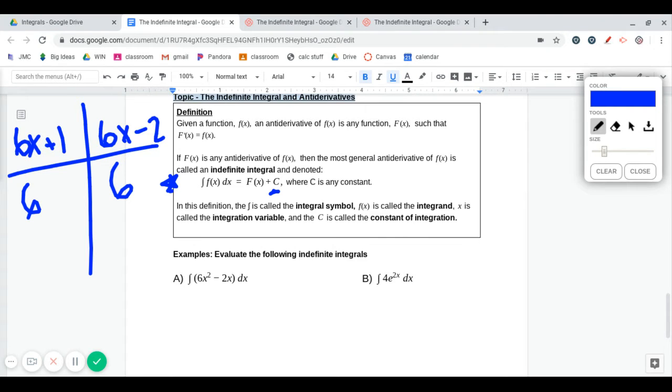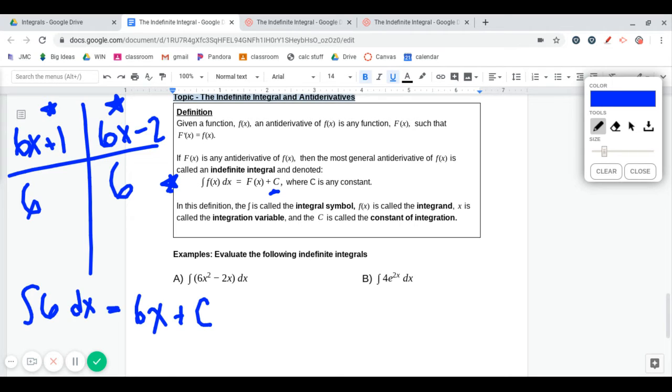Therefore, if I want you to find the integral of 6 dx, you would say, okay, what can I derive to get 6? Well, that is for sure 6x, but you might have had a constant there, like these two functions up here. We had constants, but they just didn't show up in the derivative. So we say plus c because there might be a constant there, and there might not be.